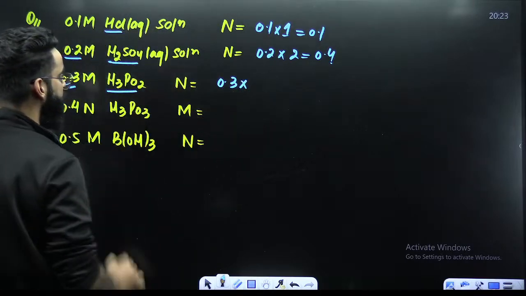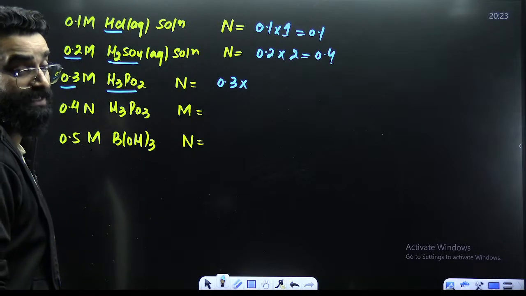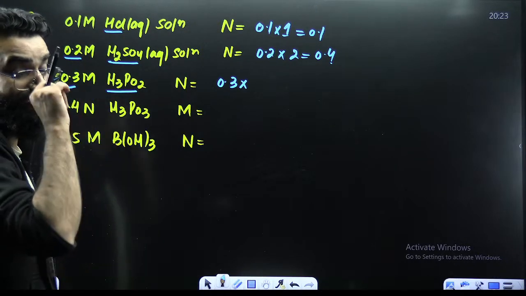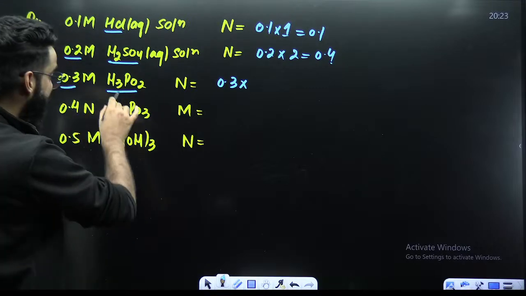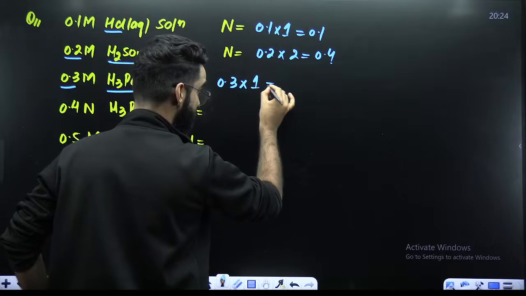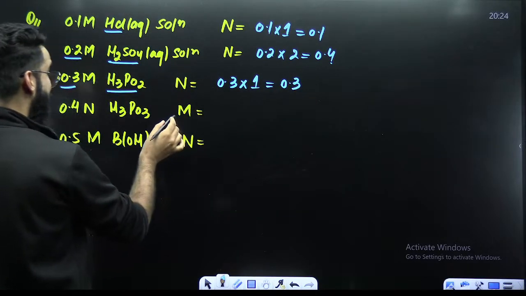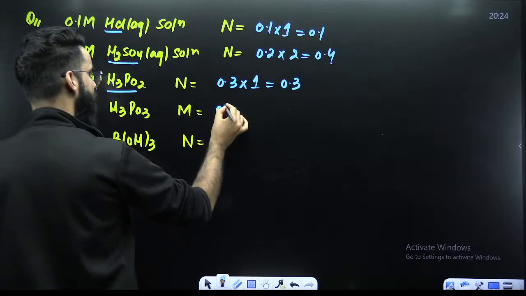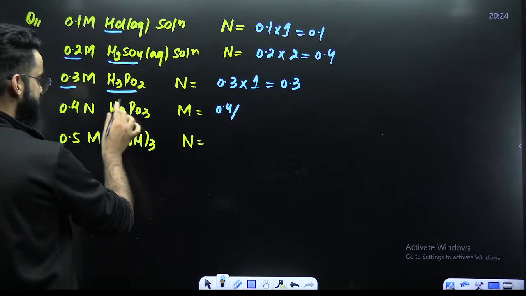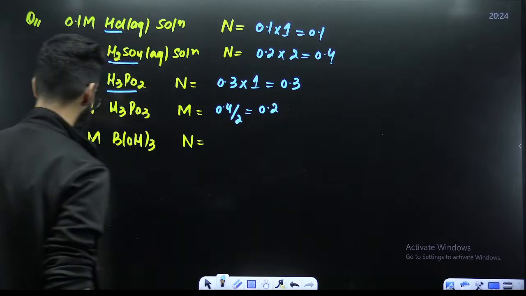Molarity is 0.3. What is the n factor of H3PO2? An acid donates only that H+ which is attached to a more electronegative element like oxygen. Now, in H3PO2, there is only one hydrogen which is attached to oxygen, so its n factor is 1. I hope you remember we have discussed this in detail. Similarly, molarity we have to calculate. Molarity will be normality divided by its n factor. What is its n factor? H3PO3, we have discussed its n factor. It is 2, that means 0.2.